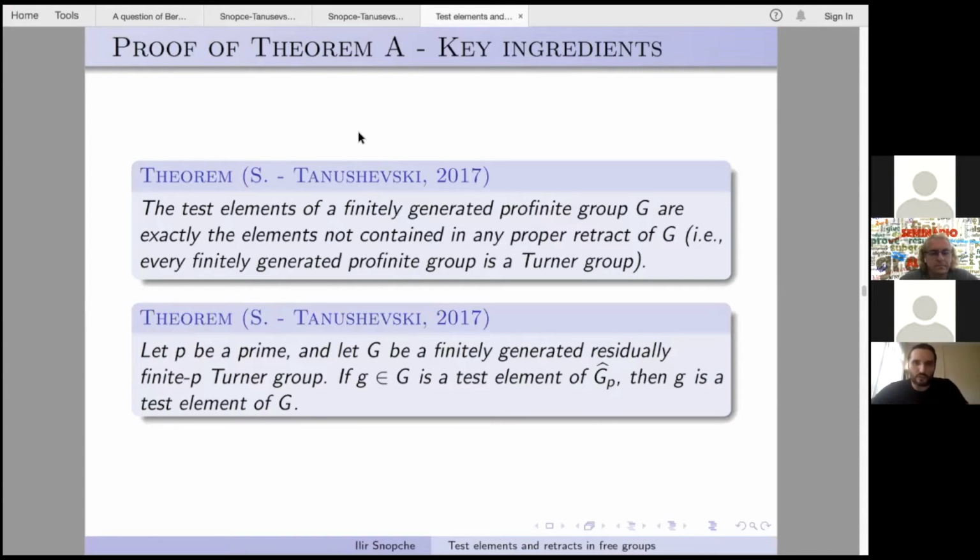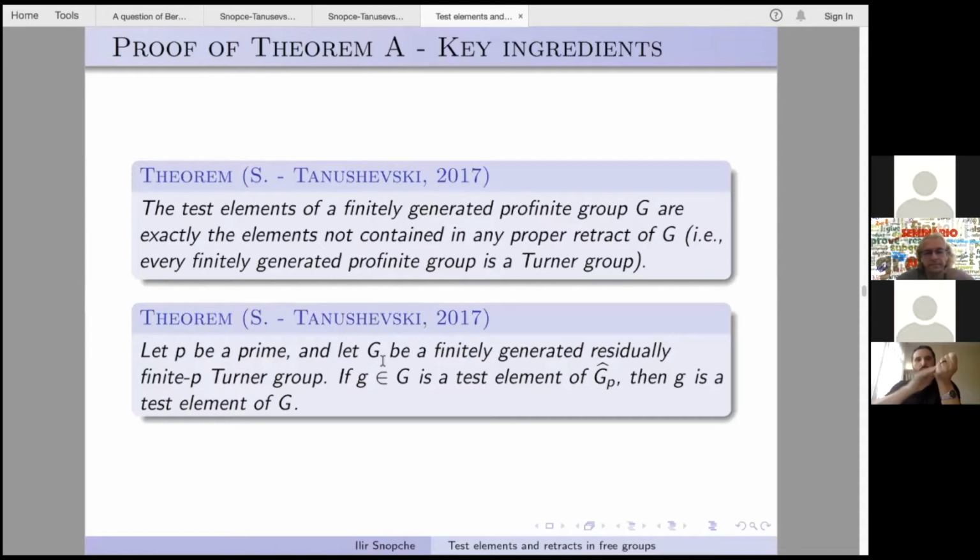Therefore it's much easier to work with free factors, and so we developed a nice theory of test elements with Slobodan in the case of free pro-p groups. And now what is the idea in our case? Let us take any given element in a free group of finite rank.